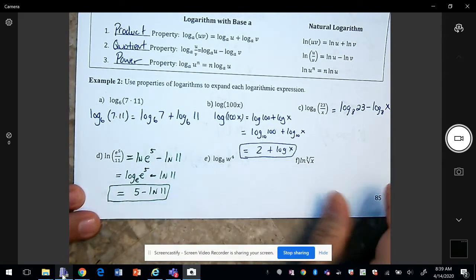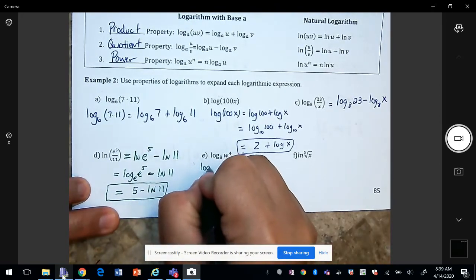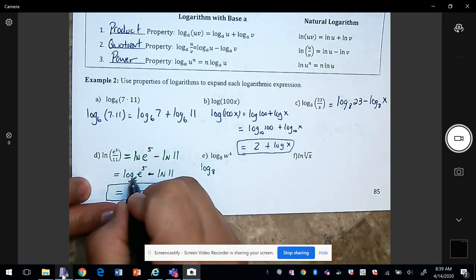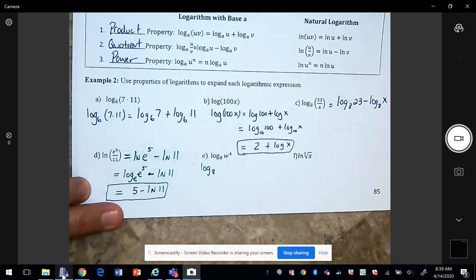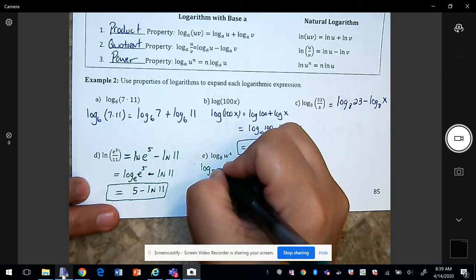On the next one here, we have log 8 w to the 4th. So notice that here the base 8 and w are not the same. So we cannot apply the same rules that we did over here. And so this is where the product rule is important.